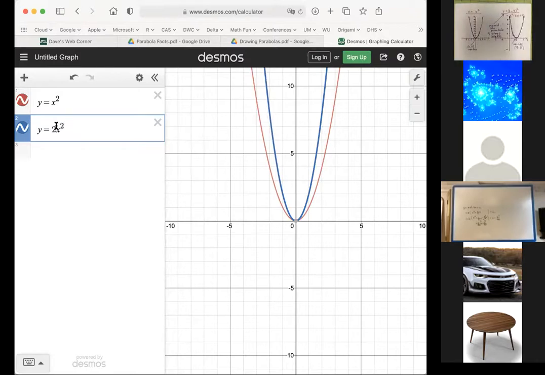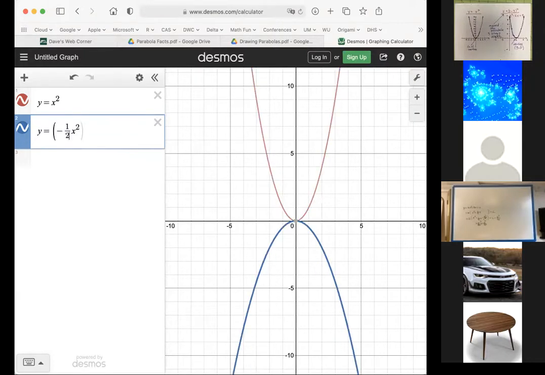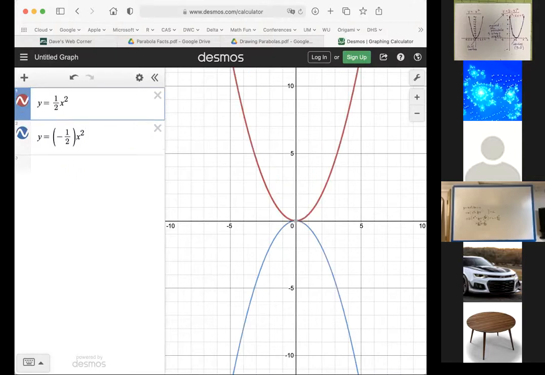What about minus 1/2 x squared? Okay. In a sense, now that's a parabola, right? But it's a little bit wider or a little bit squashed compared to the red one. Let me squash that red parabola by multiplying by 1/2. Yes, now the red and blue are exactly the same proportion or shape, just the blue one is upside down because of that minus sign.